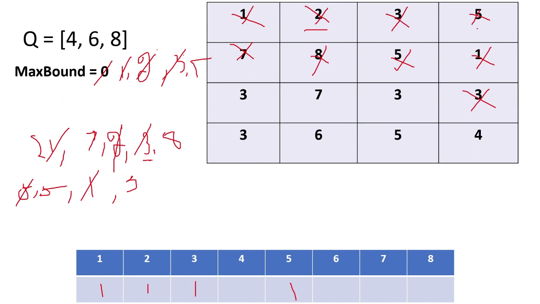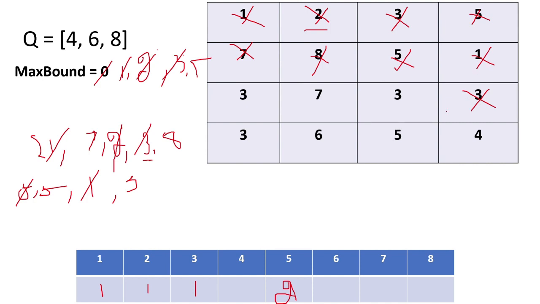Only with a query value greater than 5 can we reach 1. To track this bound value, we use the max bound keyword. So this is the key approach here. So now I increment the bound value of 5 to 2, because if the value is greater than 5, we can reach this cell.